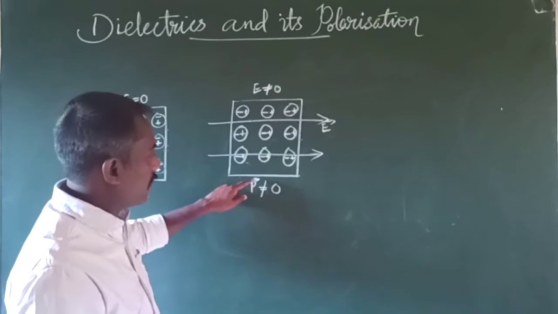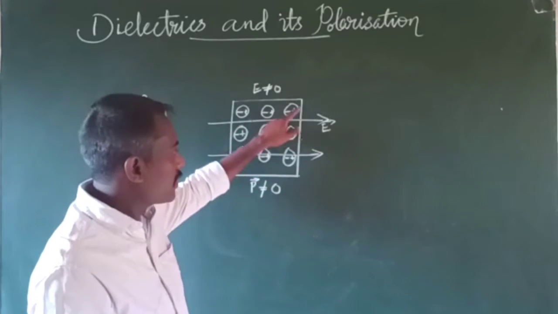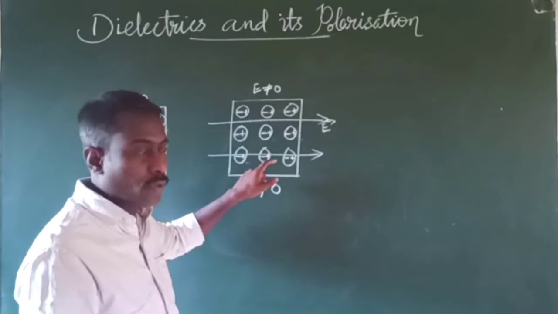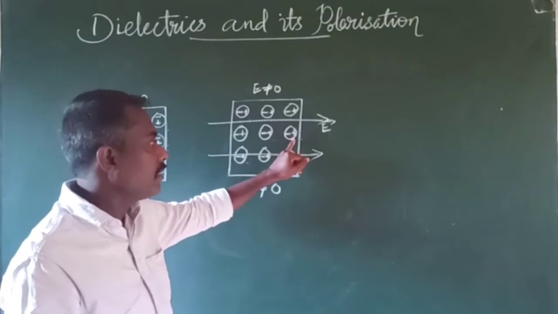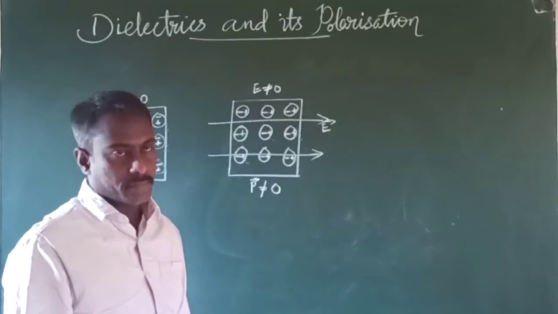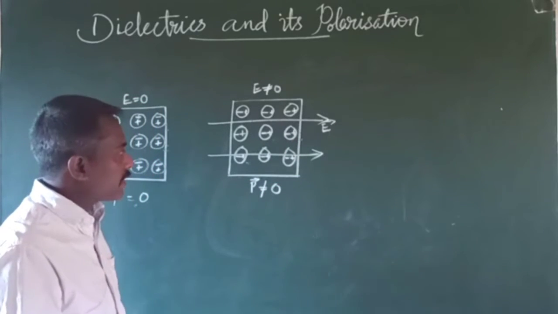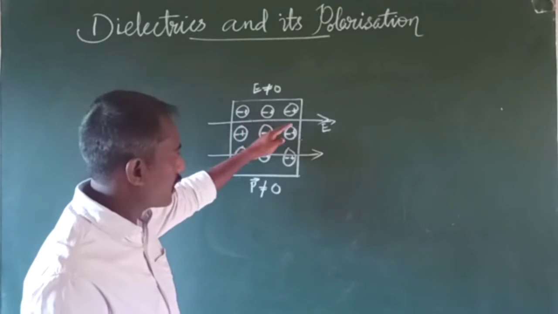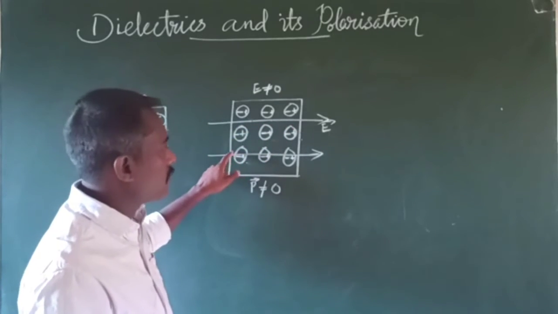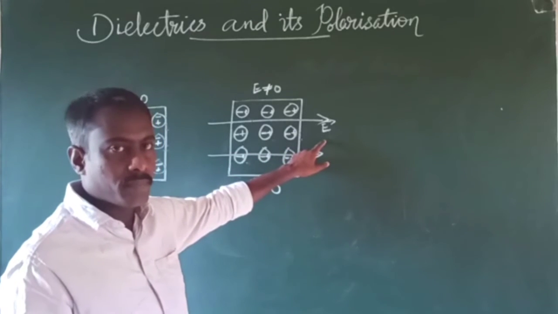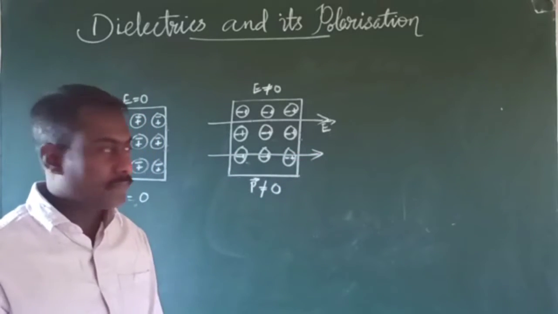That means the total net electric dipole moment is not 0 when it is kept in the electric field, and the direction of the electric dipole moment is the same as the direction of the electric field.